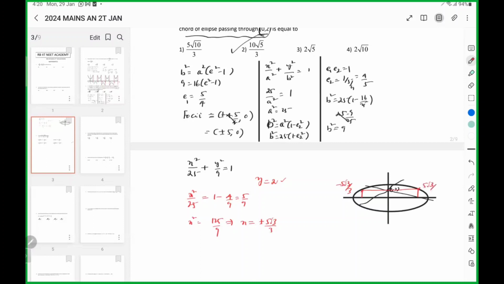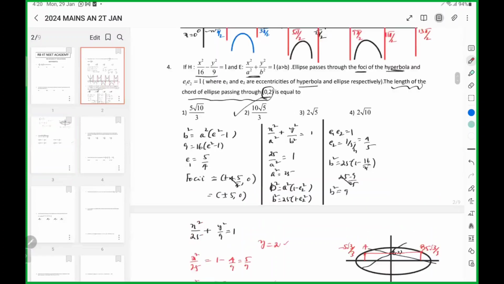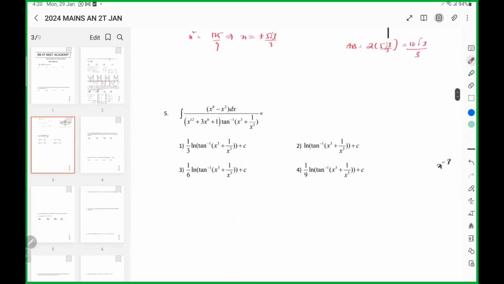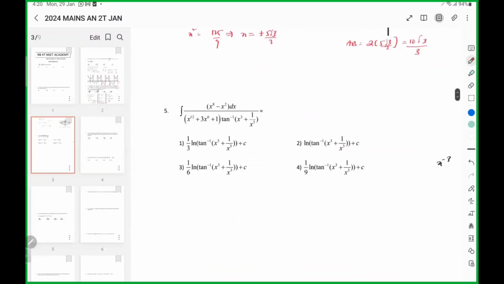Here it is minus 5 root 3 by 3, and here it is 5 root 3 by 3. Then the chord length will be 2 times 5 root 3 by 3, which is 10 root 3 by 3. So that will be the answer. Either the data was copied wrongly or maybe from the original file. Till we get the original file, we don't know what exactly was given.